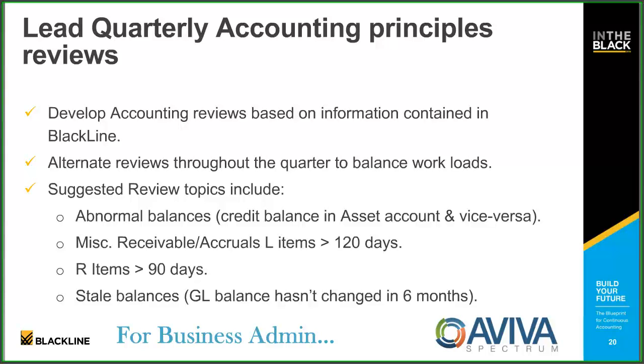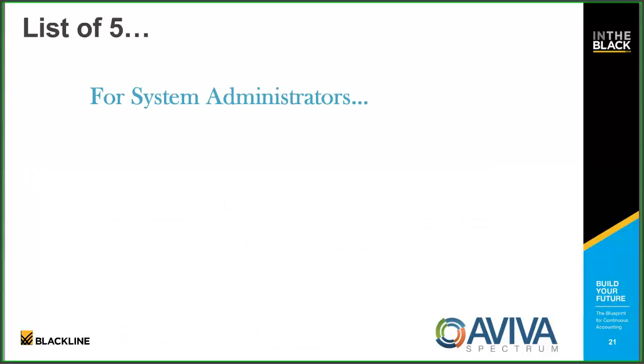Let's say you look at an account range of miscellaneous receivables that are over 5 months old. You could look at all of the different types of receivables, and you can start to question why we have receivables in a miscellaneous account that are over 5 months old. BlackLine's going to give you some insights, but it's also going to allow you the avenue to go back and question some of that.